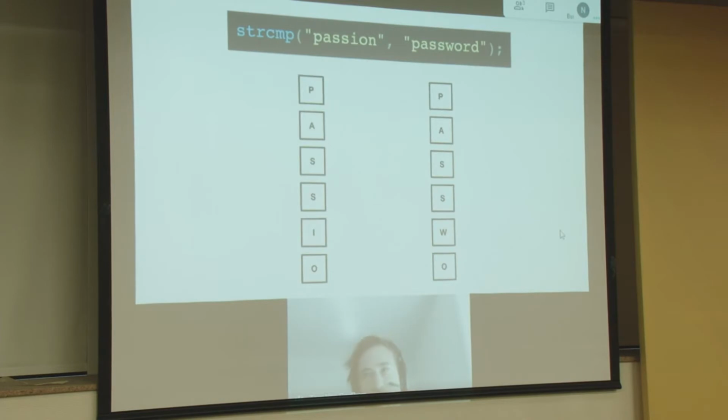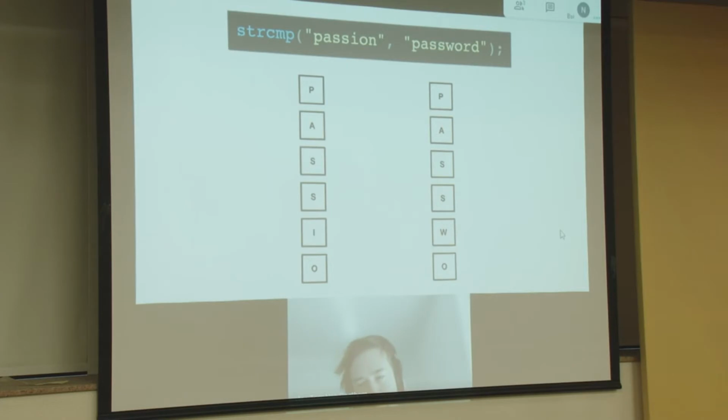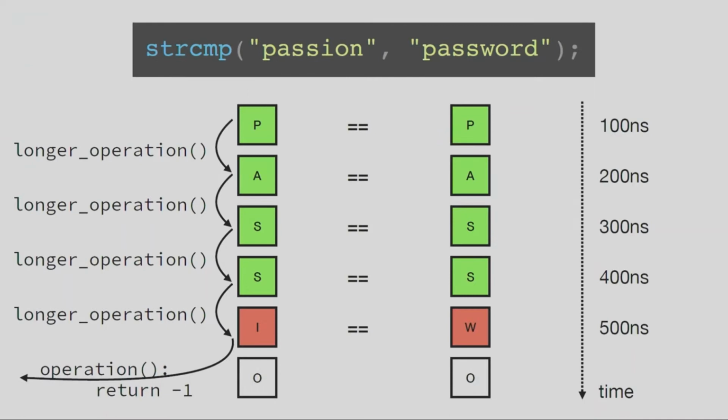To make it a bit more concrete, we can look at the string comparison of the words "passion" and "password". We just use this string compare. It will first check the first letter, because it can only check one letter at a time. It checks if the P equals a P, which is true, and then it moves on to the next character.